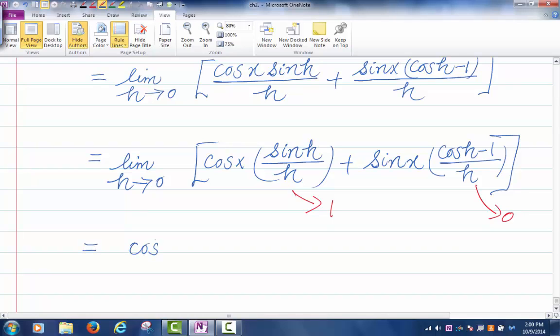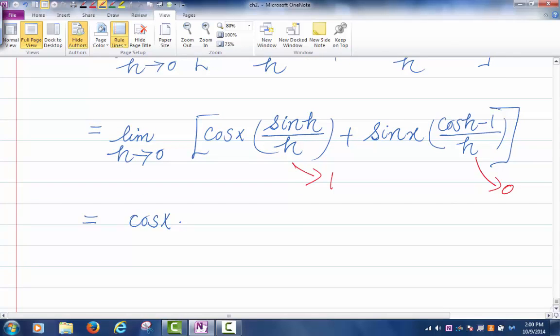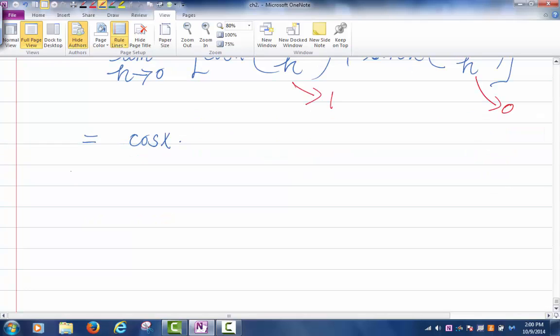All I have left here is cosine of x, right? So what we have found is that the derivative with respect to x of sine x is cosine x. Okay, so that's the formula number 1 that you have to memorize.